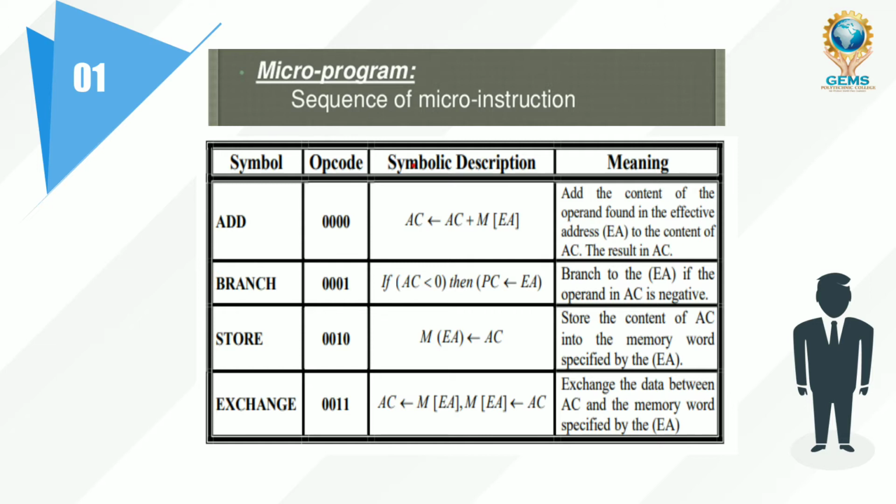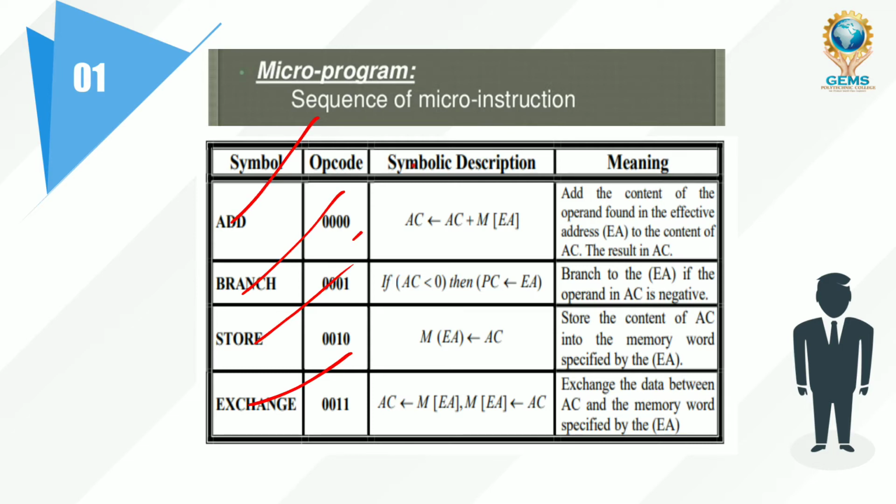For example, here some instructions are given for more clarification. On the screen you can observe 4 different operations. The first one is add, the second one is branch, the third one is store, and the fourth one is exchange. These are 4 different kinds of operations, and all are performed with the help of micro instructions.